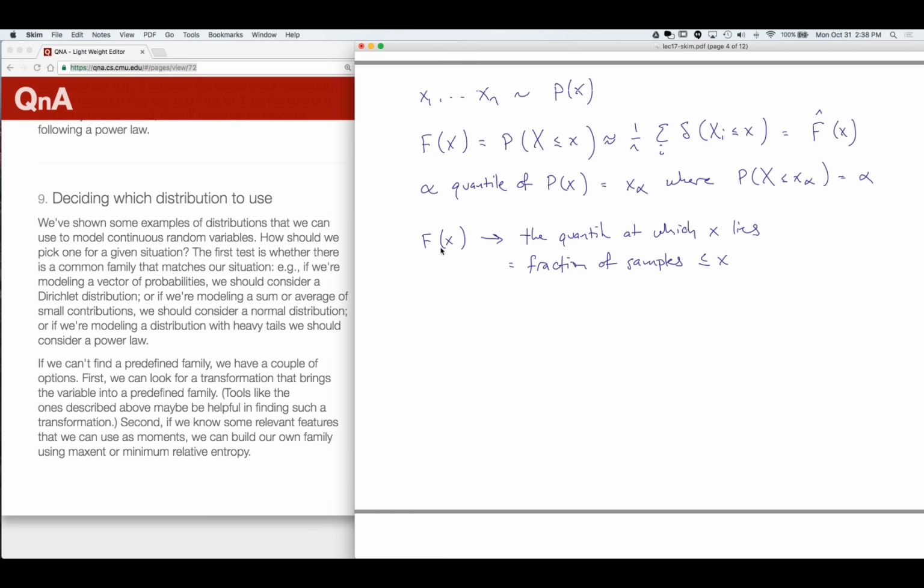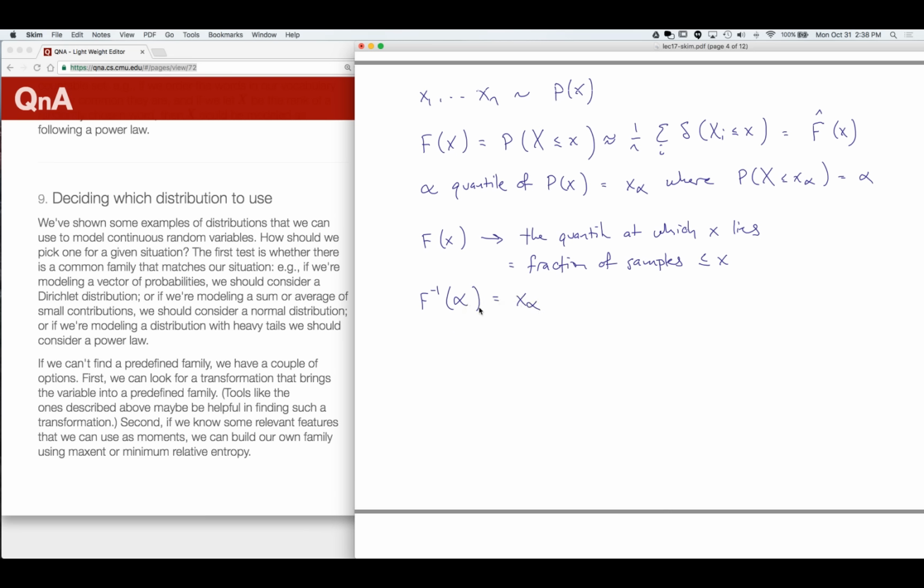Right? So f of x gives you the quantile at which x lies, and then similarly, if we take a quantile x alpha, and apply f inverse to alpha, that's going to be equal to x sub alpha, right?